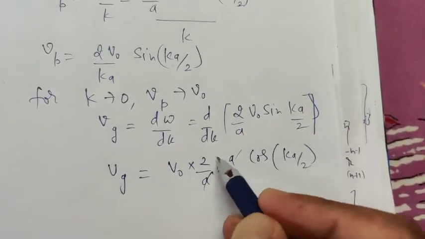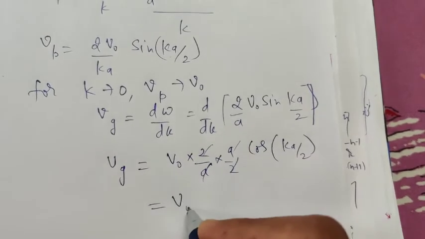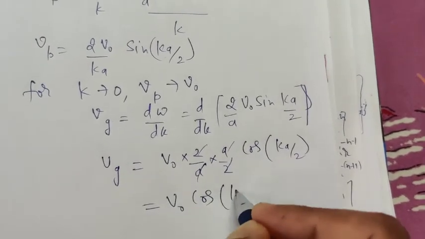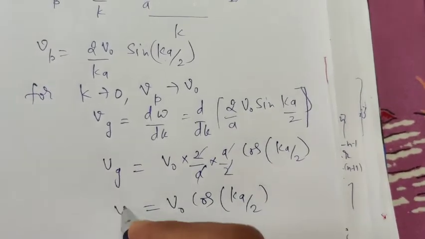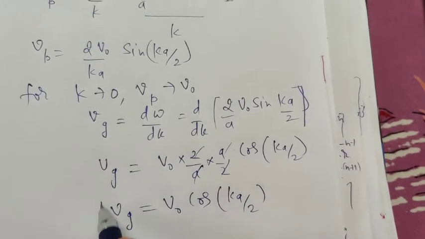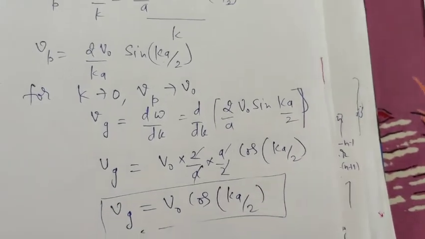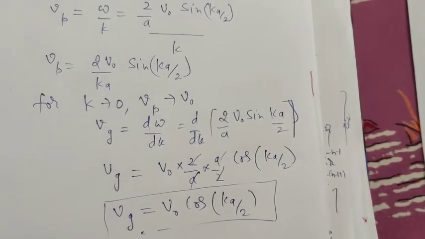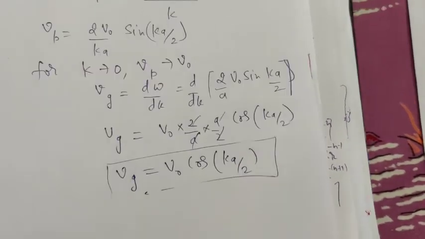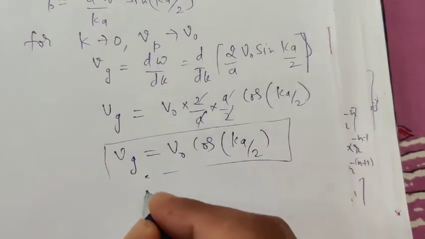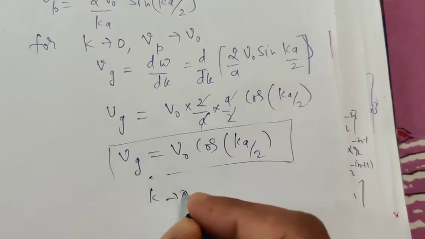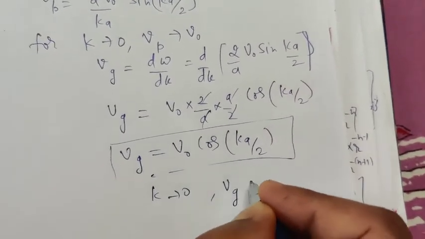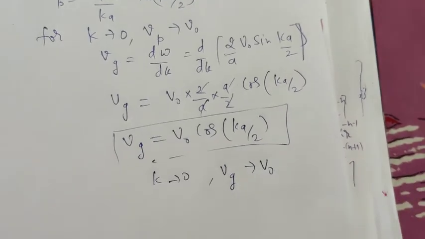This will be cancelled, and this will be v naught cos k a upon 2. So thus as k approaches 0, Vg approaches v naught.